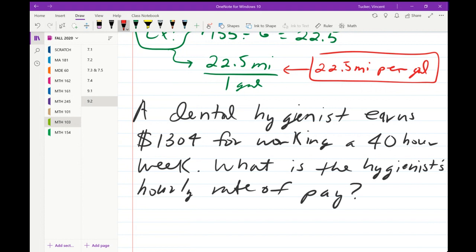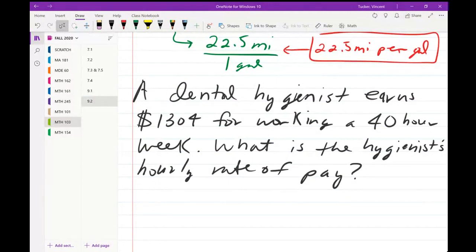All right, a dental hygienist earns $1,304 for working a 40-hour week. What is the hygienist's hourly rate of pay? So you want to know dollars per hour.